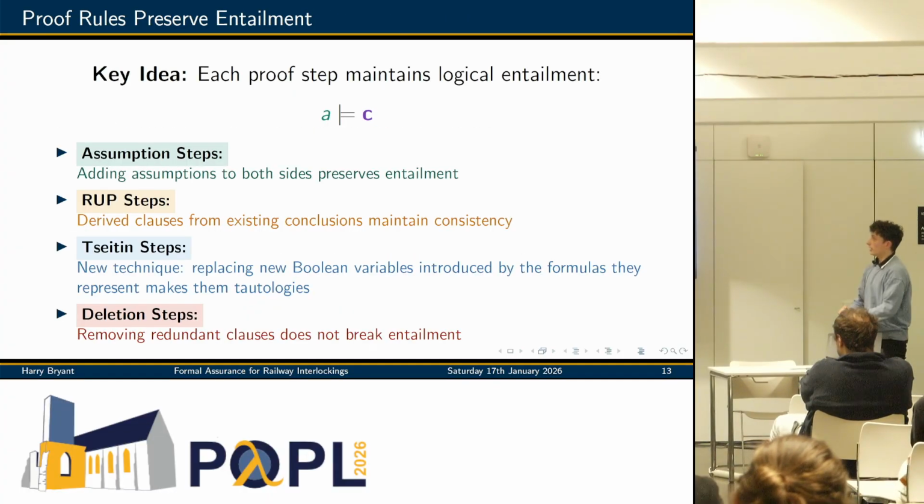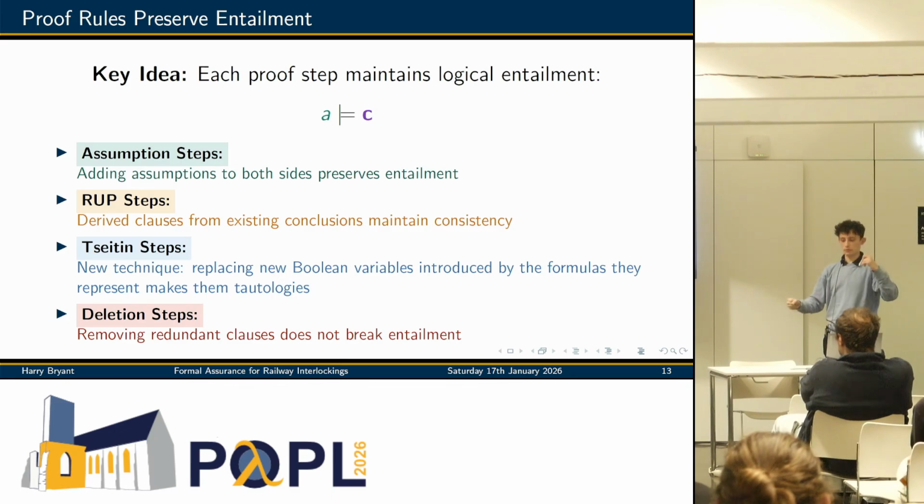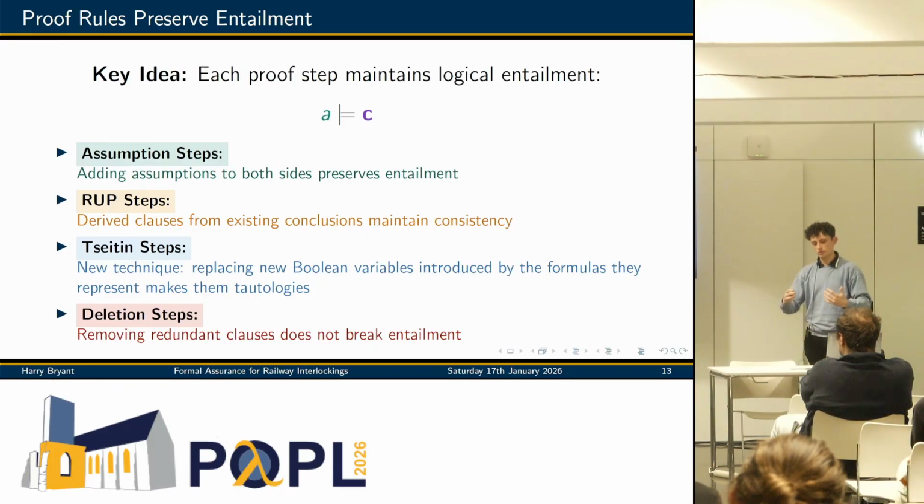So in RocqPL, what we did, we went through each step and we showed that this relation holds, such that if you discover an assumption in your proof log, because it's on both sides, it keeps the entailment. With RocqPL, because you're deriving something from something that already existed, and if you have this relationship before, again, you're still going to have it.